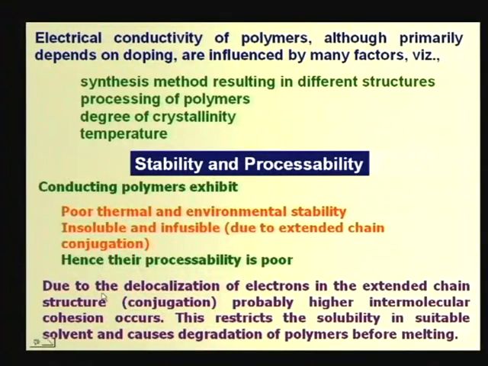So, based on these considerations, we can say their processability is poor. Processability of these conducting polymers are poor. For that reason, you see that remarkable discovery leading to this Nobel Prize winning took so many years, more than 15 years of time in order to make it in processable form, although that was accidental discovery.